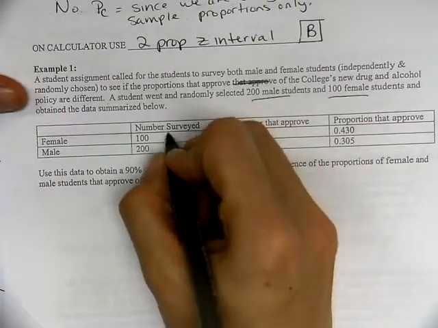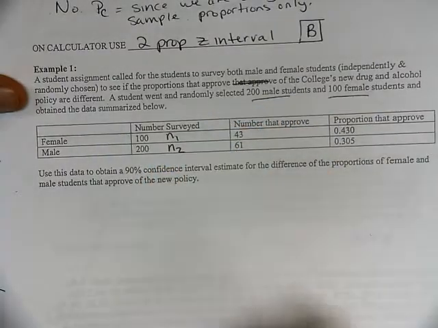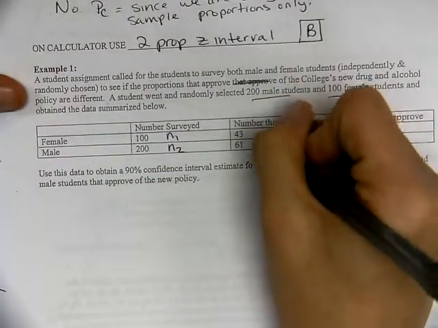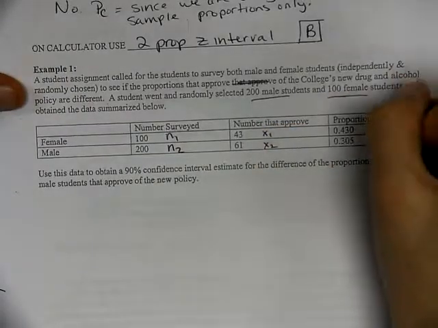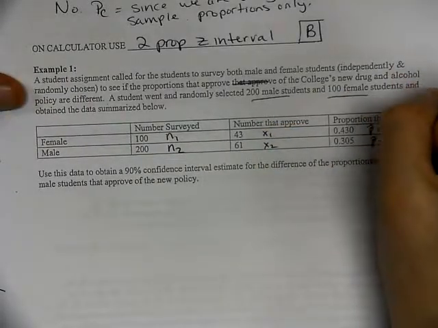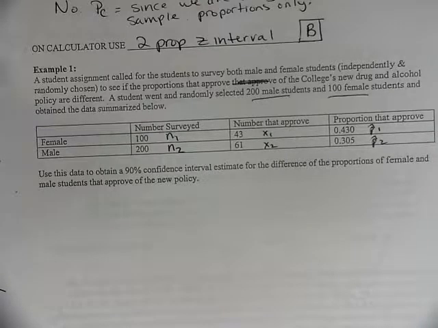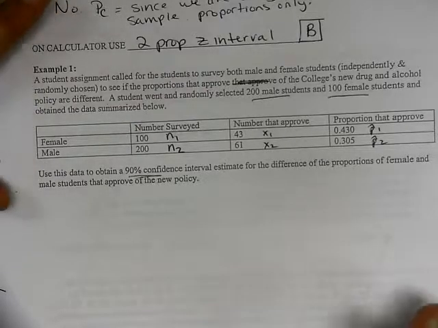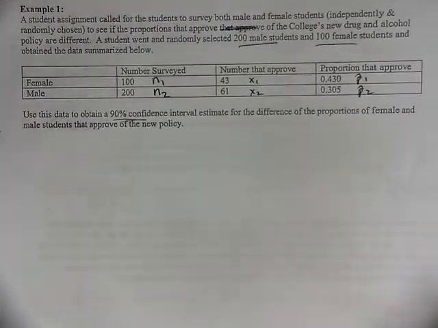So here's their N1, N2. This is X1, X2. This is P hat 1, P hat 2. Use this data to obtain a 90% confidence interval to estimate the difference of the proportions of the male and female students.